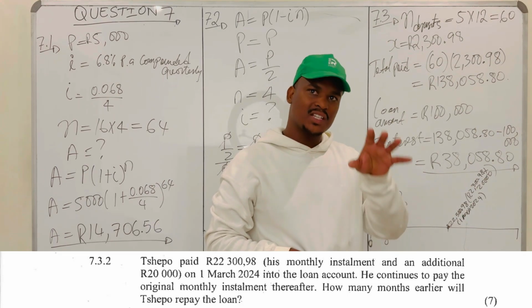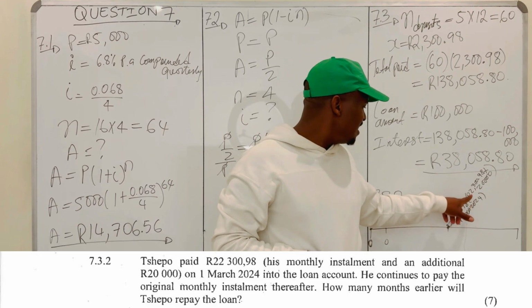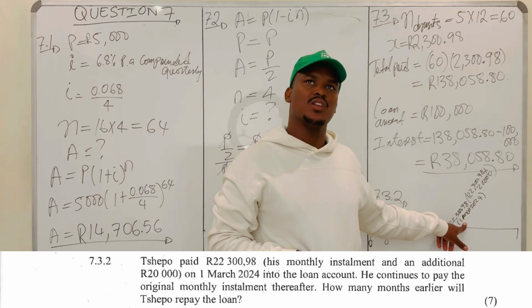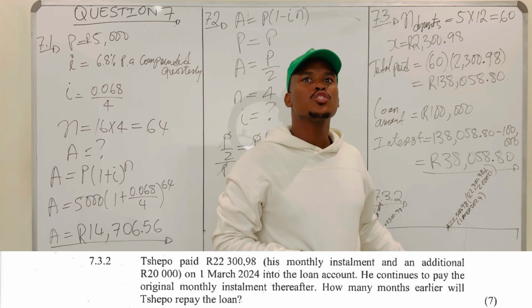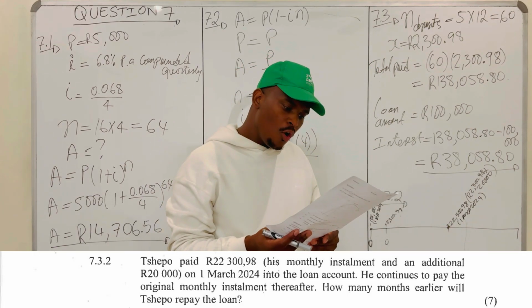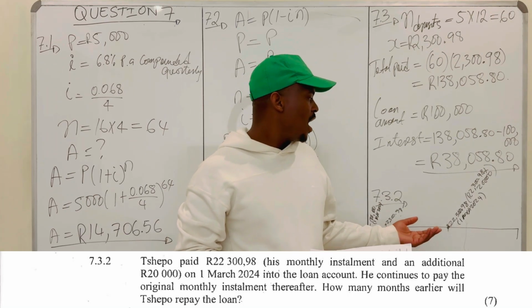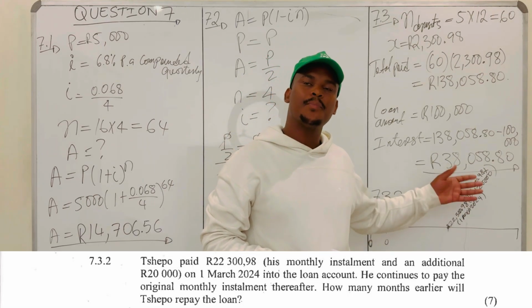It was just lowering the balance of the loan after his 1st March 2024 payment. What they're asking us is how many months earlier will Tsepo finish the loan.